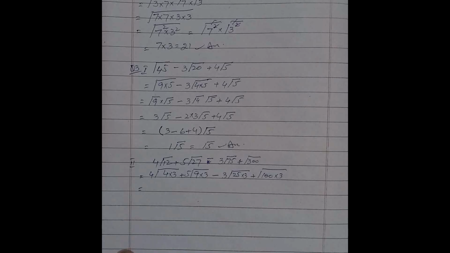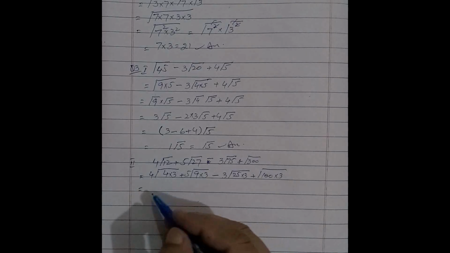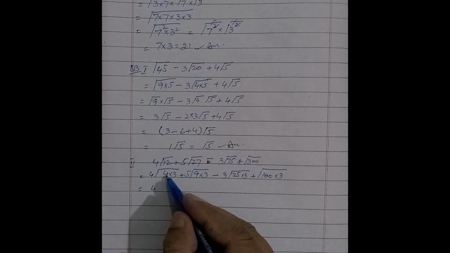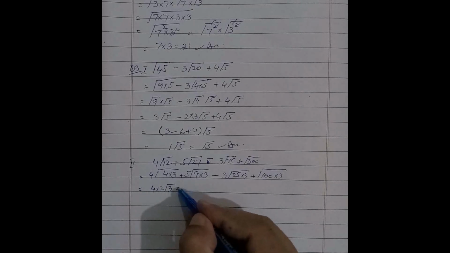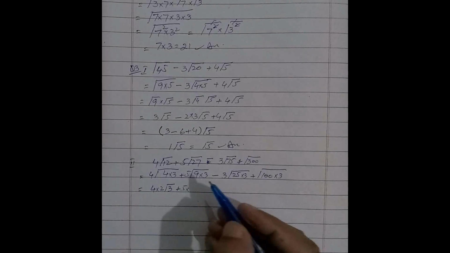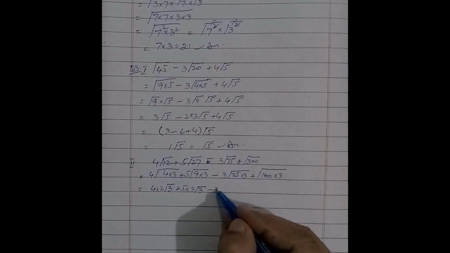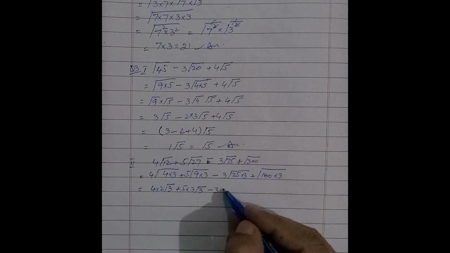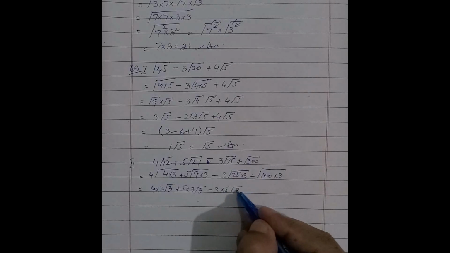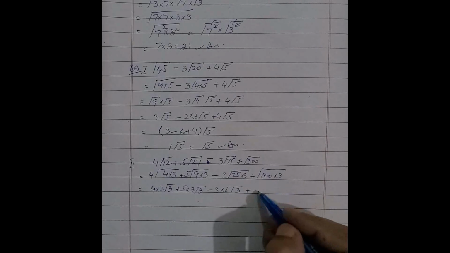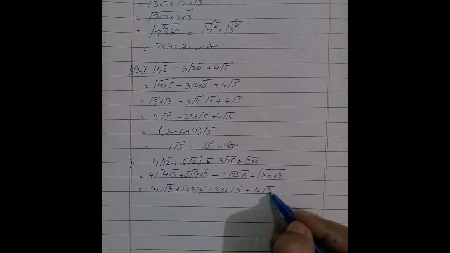Now we simplify them. √4 is 2, so 2 multiplied by 2√3, plus 5 multiplied by 3√3, minus 3 times 5√3, plus 10√3.